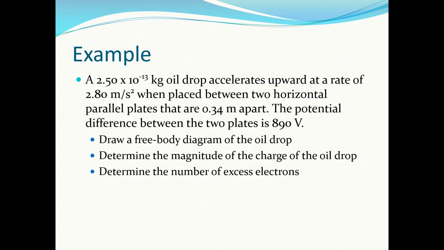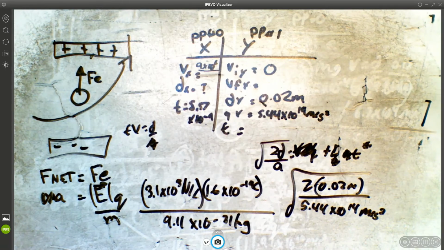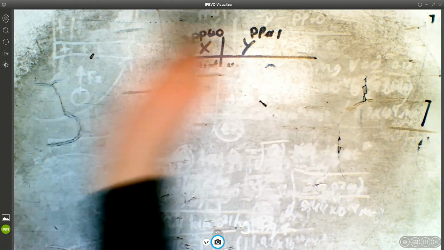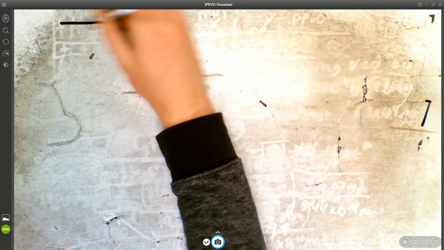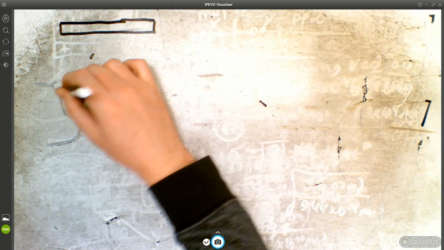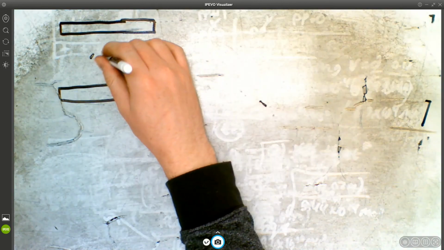So I'm going to switch to my whiteboard screen, erase all this. So we have plates. And we have an oil droplet. And it accelerates upwards.